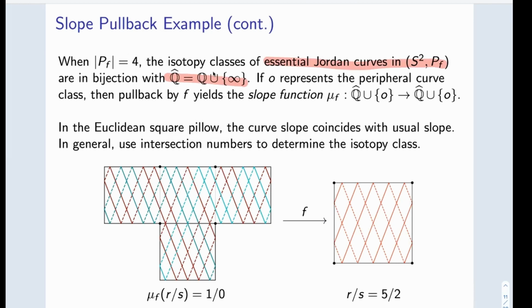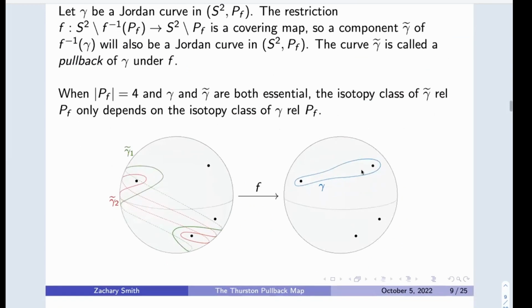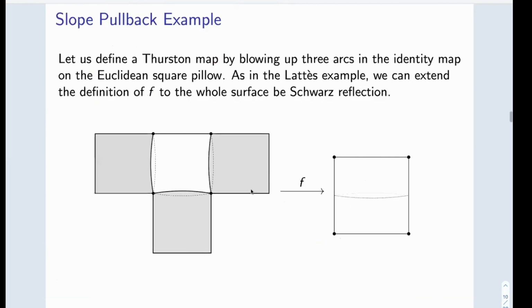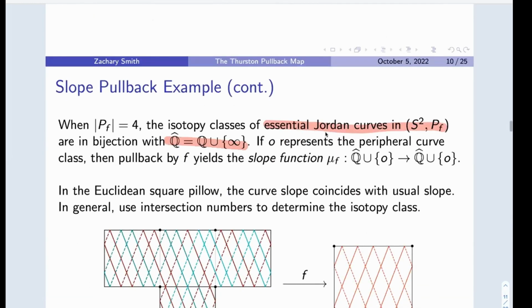But the key thing I want to focus on right now is that we can define a function that sends the equivalence class that this curve belongs to, to the equivalence class that one of its pullbacks belongs to. And if you believe me when I say that these equivalence classes are in bijection with the extended rational numbers, then this defines a function on the extended rational numbers to the extended rational numbers. Plus, the peripheral curve, we pretend that the peripheral curve gets sent to itself.